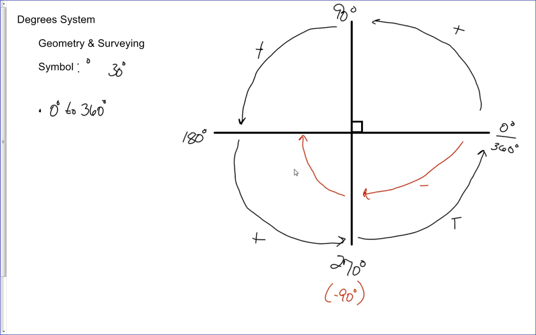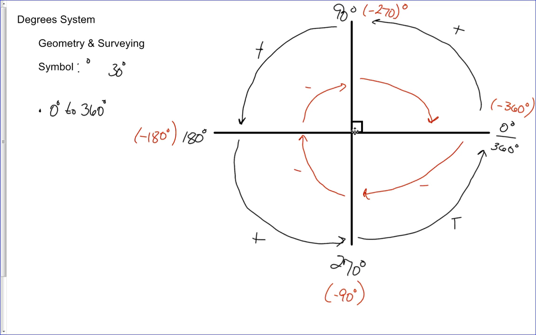If you keep going the negative way around, this will be negative 180 degrees, not positive 180 degrees, even though it's the exact same measure, because one is positive and one is negative. Continuing around, this would be negative 270 degrees, and finishing back around at negative 360 degrees.